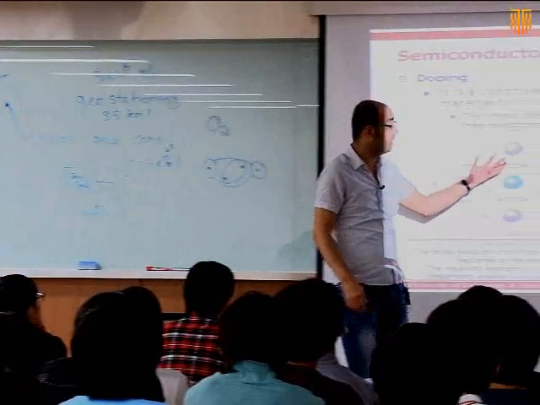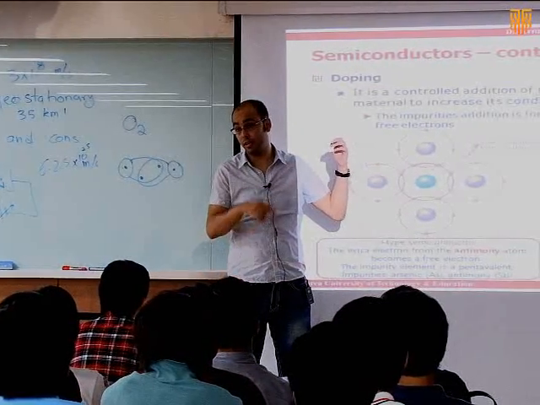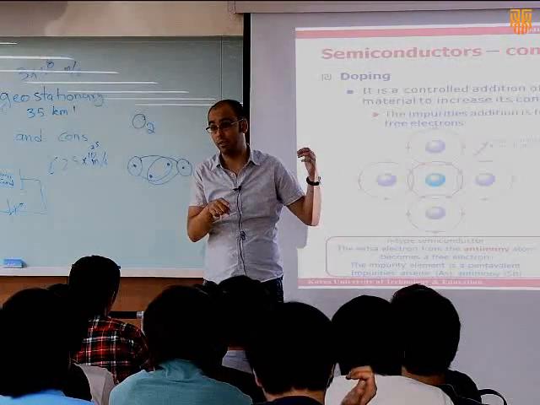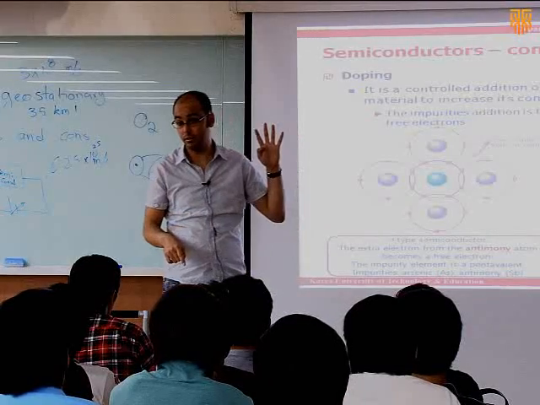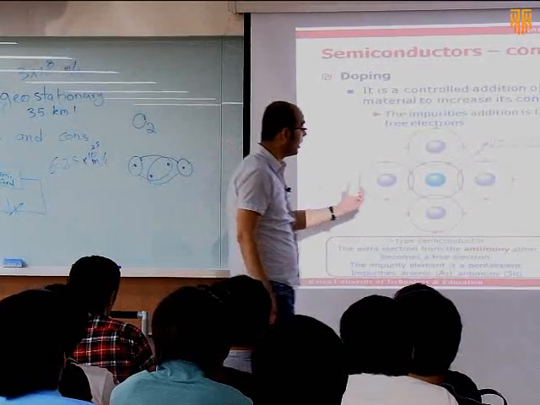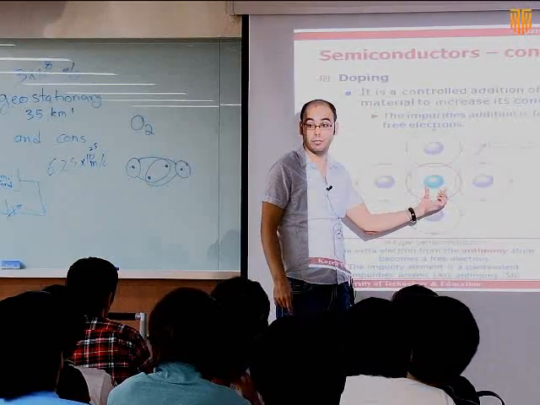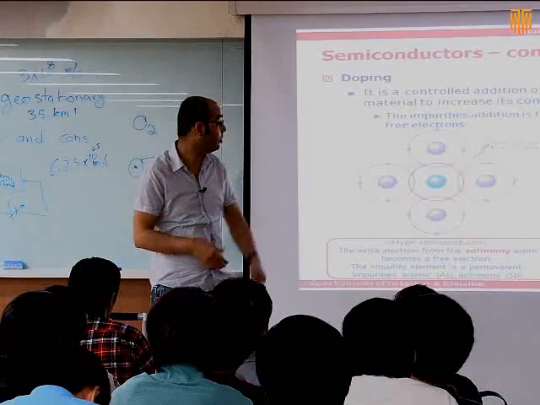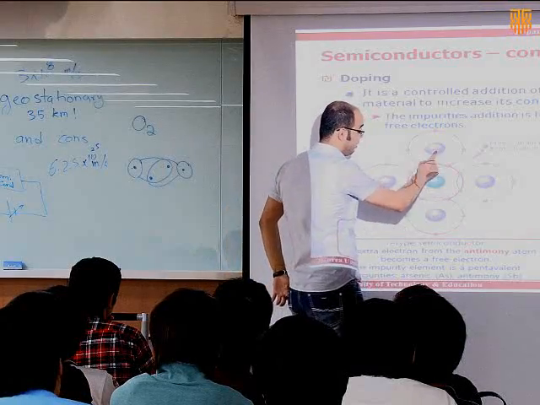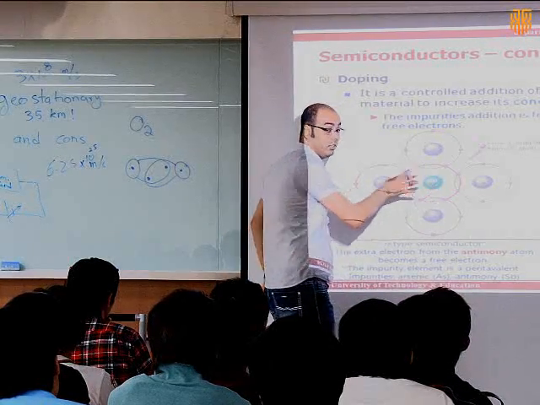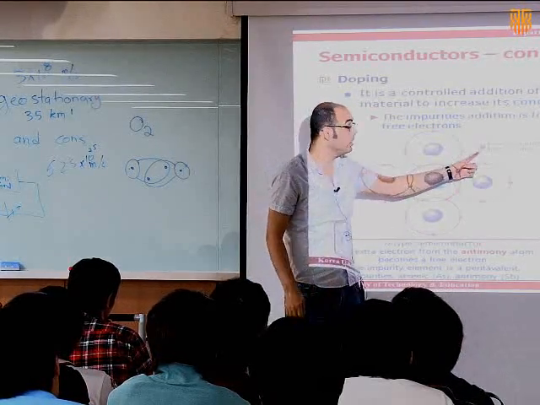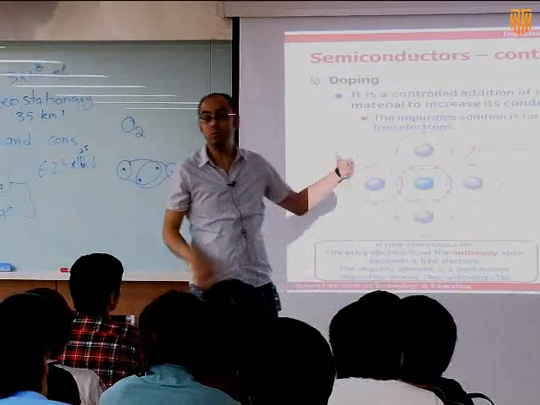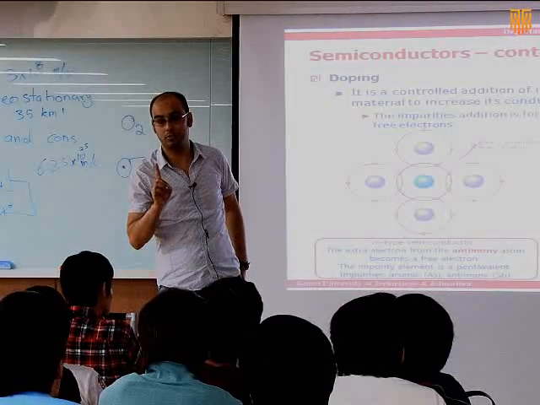The silicon has how many electrons in the valence shell? 4, right? So if we bring an element which has 5 electrons in the valence shell, it makes bonds with the silicon atoms. We need 4 electrons, and the remaining electron will be free, right? So we added 1 free electron.